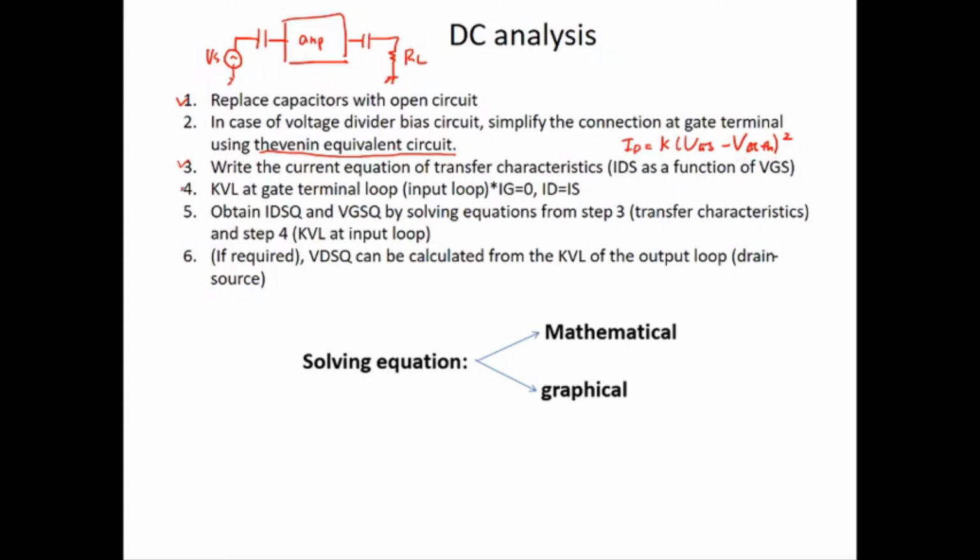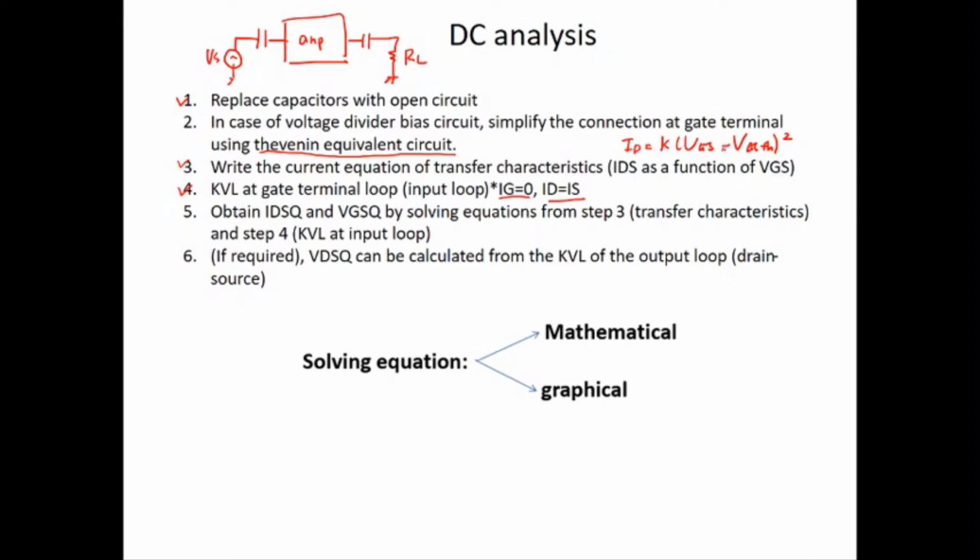The next step is you do the KVL at the gate terminal loop, or we call it the input loop. When you do the KVL, make sure that you consider the gate current equal to 0 and ID equal to IS. In this step, you will have two equations.